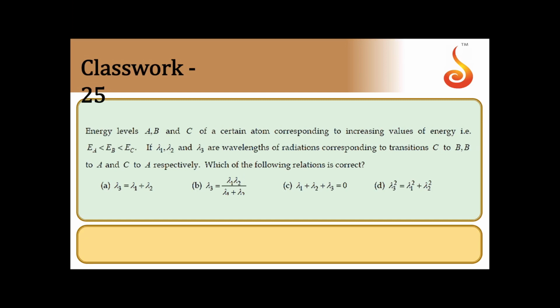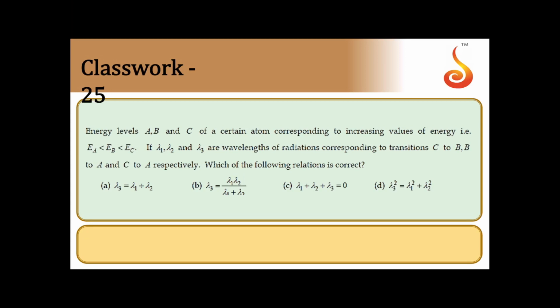We shall go on to next one. Energy levels A, B and C of a certain atom corresponding to increasing values of energy, that is EA is less than EB less than EC.